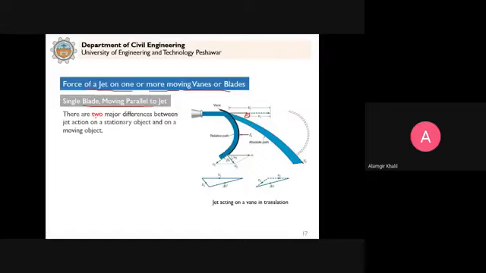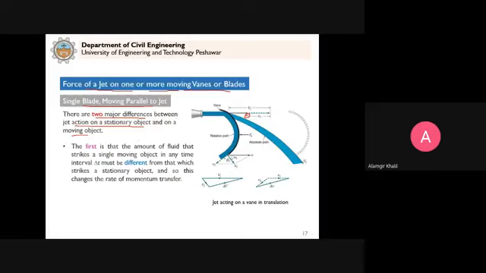So now there are 2 major differences between the jet action on a stationary object and on a moving object. The first thing is that the amount of fluid that strikes a single moving object must be different from that which strikes a stationary object.